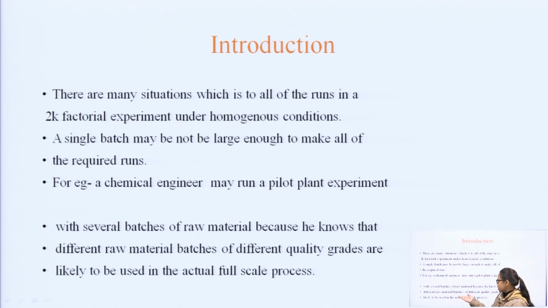Because different raw material batches have different quality grades and are likely to be used in the actual full scale process. It means when you do something on a very large scale, you can't rely on a single batch. You need to check various batches of various raw materials, to see which raw material can give the best result or which raw material has the best quality.